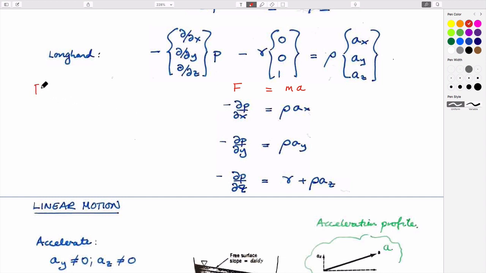Pressure divided by length has to have units of newtons per meter squared meters, which are units of newtons per volume, right? So these are actually in force per unit volume. So if you divided this through by volume, and if you divided this through by volume, then not surprisingly, this is a density, by definition, mass per unit volume, multiplied by an acceleration in each one of these directions.